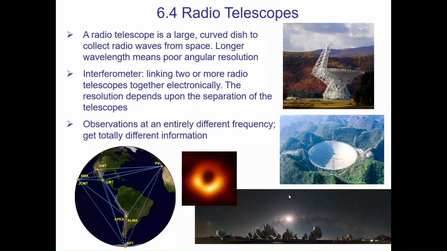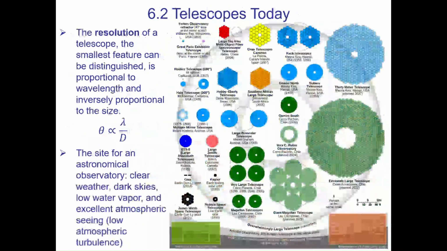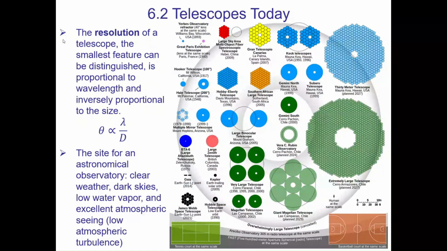However, there's also a disadvantage of radio telescopes or radio observation. When we talk about the resolution of a telescope, radio waves actually have the longest wavelength among all the electromagnetic radiation. Due to the longer wavelength of radio waves, the resolution is very poor.